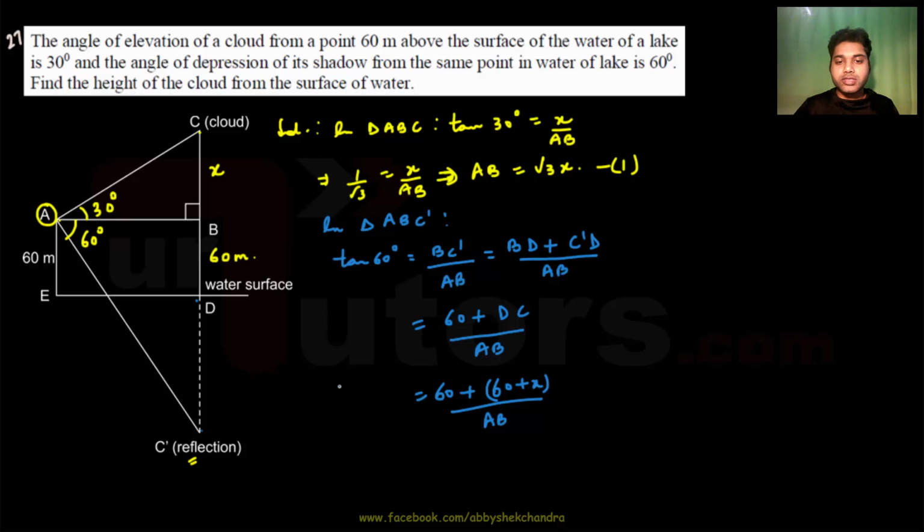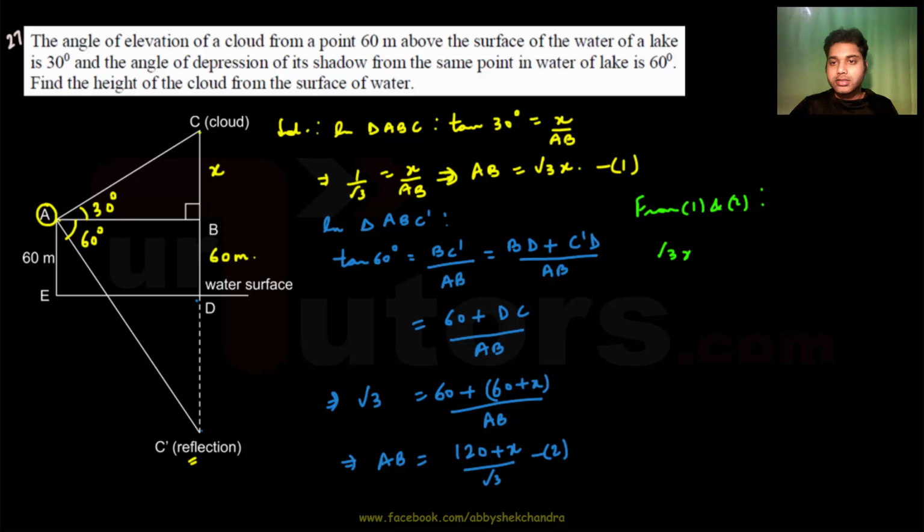And what was tan 60? Root 3. So I'll take root 3 to the other side, AB to the left hand side. So this will be 120 plus X by root 3. Let's call it 2. From 1 and 2, we're just going to equate.